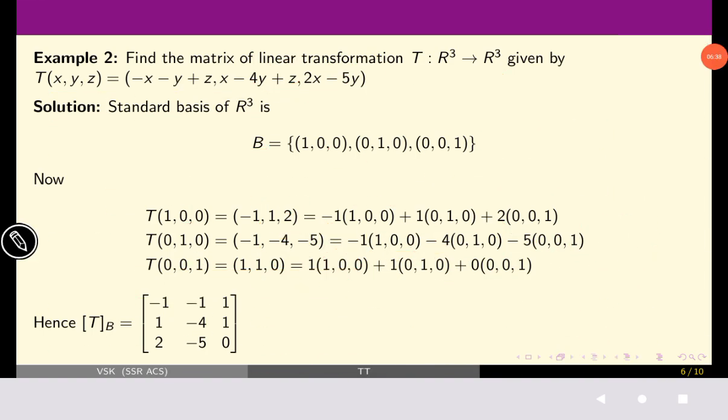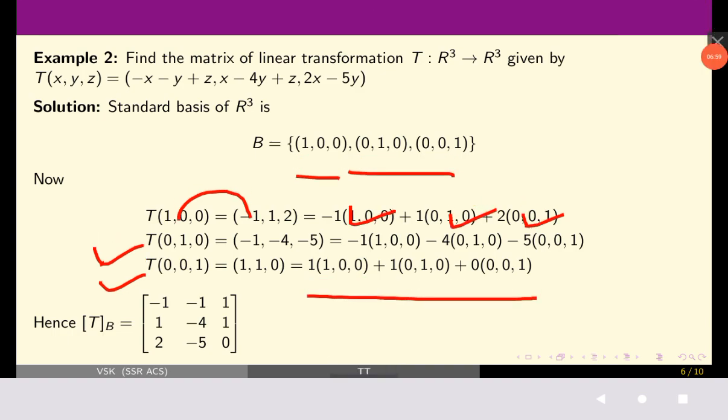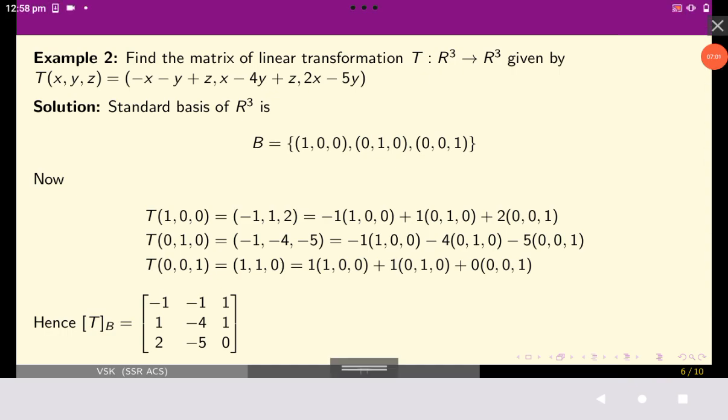So this will be the image of this, and simply we'll write this as minus 1 into first, 1 into second, and 2 into third. So we'll write the linear combination of these vectors. Same way we'll do for the second vector, same way for the third vector, and we'll get the coefficients. As I told you, we'll write the coefficients as a column.